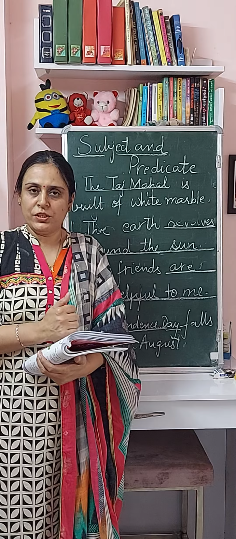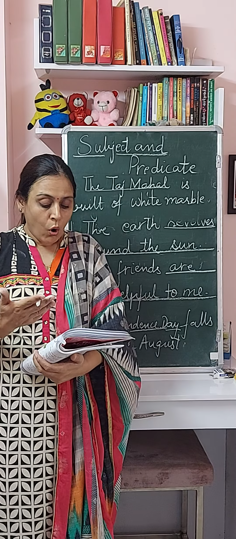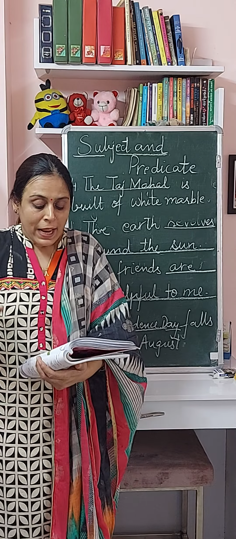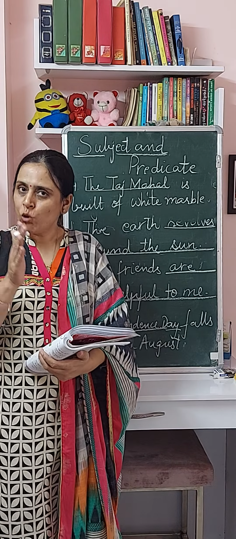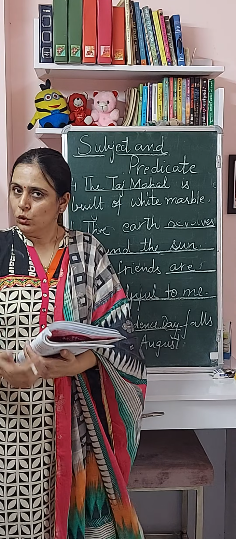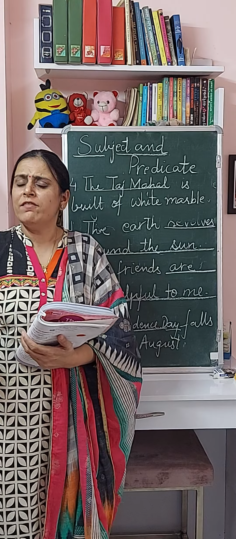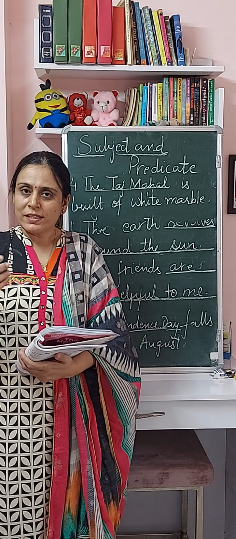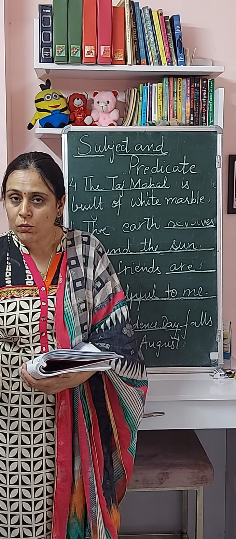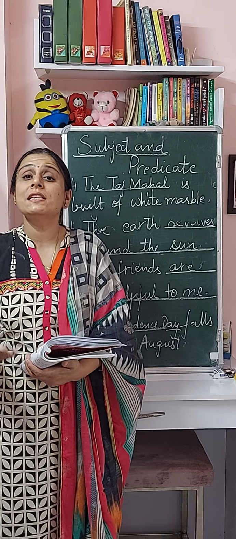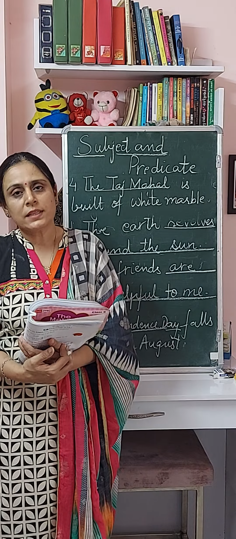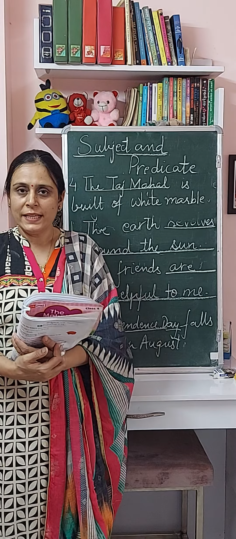When we talk about the subject, we talk about who, or what, or whom we are talking about. And when we talk about the predicate, there is always a verb and it tells us what the subject is doing. Alright, so it becomes very, very easy. Once again, the subject is the person or thing being spoken about and the predicate is what is being said about the subject. So it becomes easy, isn't it?